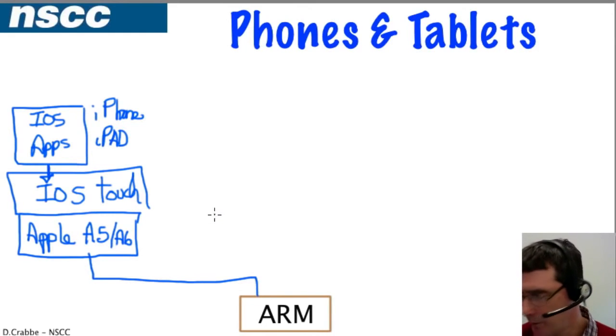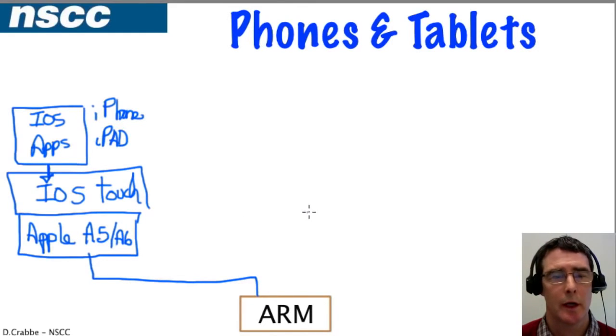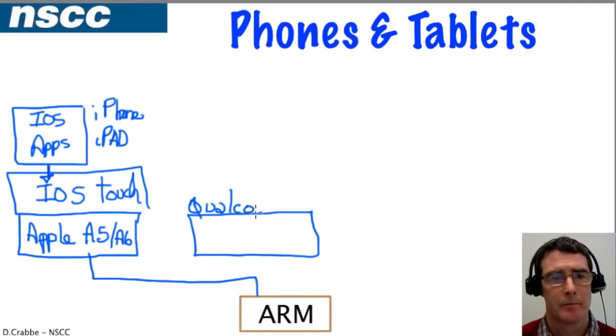Now, there are other companies who were looking at doing the same thing, and a company called Qualcomm also licensed ARM technology to produce a CPU based on it. They called it Snapdragon.